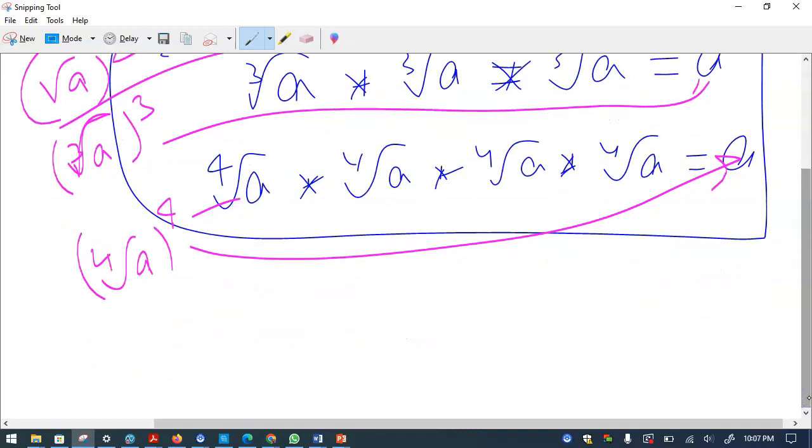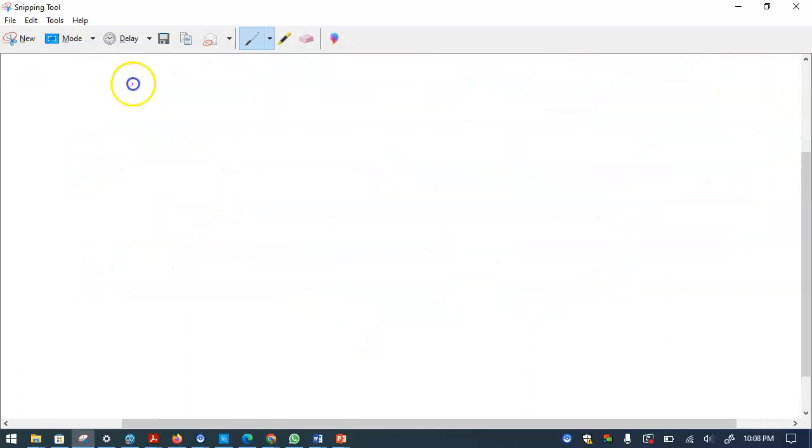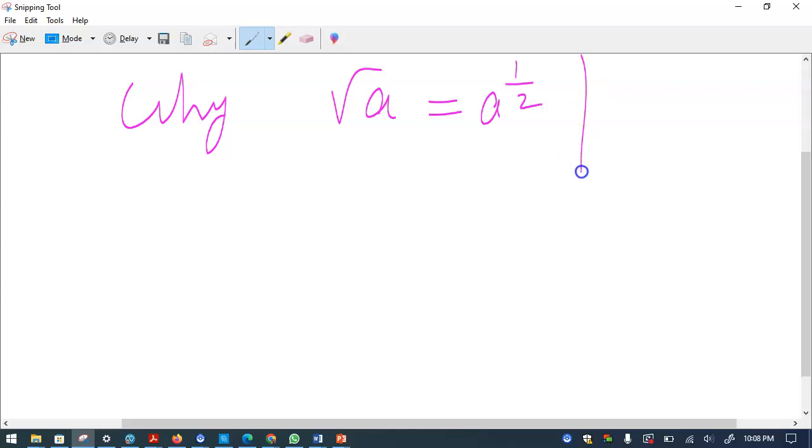Now this lesson is more about writing down. Before that, the question arises: why do we write the square root of a as a raised to half? Why is the square root of a equal to a raised to 1 over 2, or the cube root of a equal to a raised to 1 over 3? The reason is, remember the definition of x.